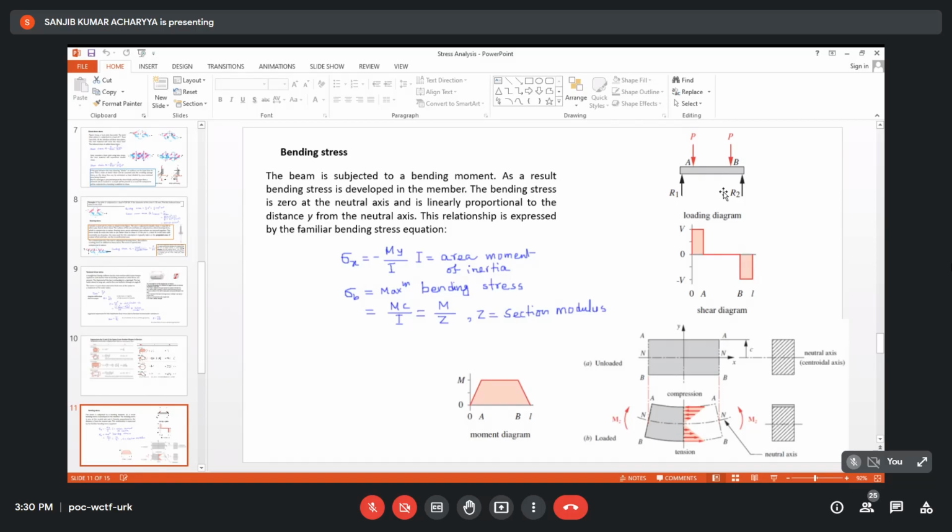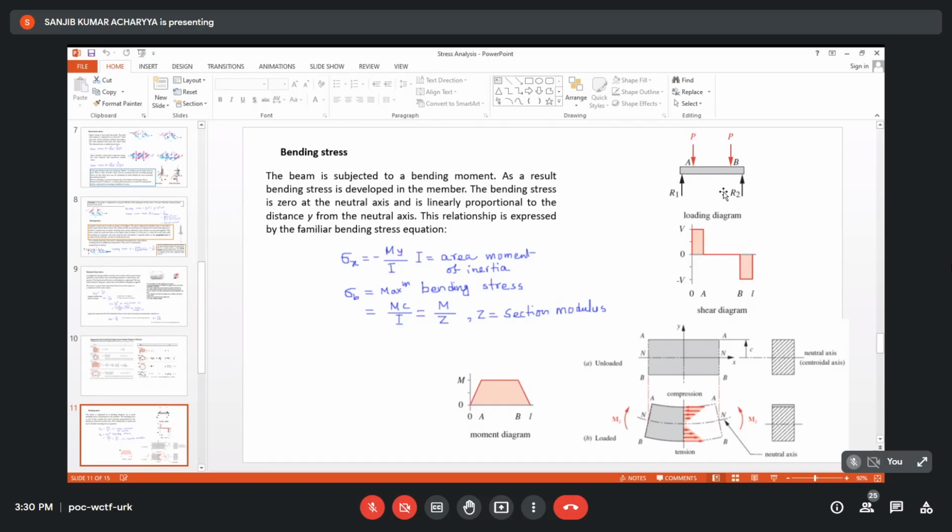Do you agree? Yes, sir. In the same member, simultaneously, compression and tension can take place, though they are normal in nature. Clear?